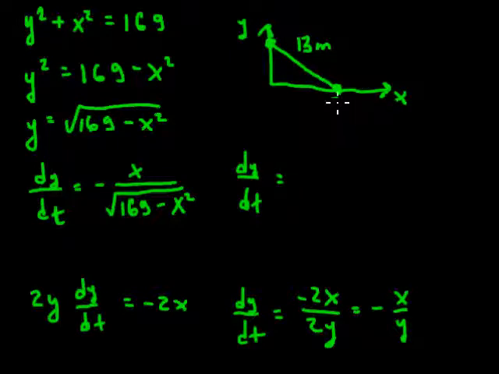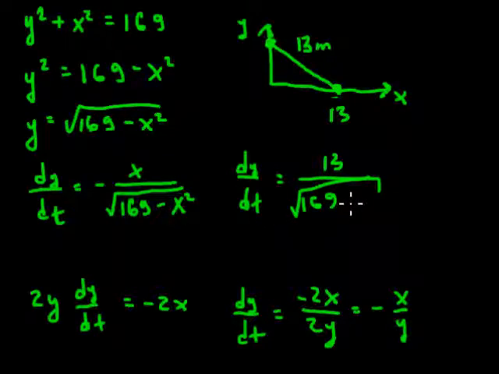And then you can also plug in 13. When this point is at 13, that's pretty much when this ladder hits the ground. You can figure out at what speed this point hits the ground. You just plug in 13 for x, and we get the square root of 169 minus 169. Yeah, so this equation doesn't work for this one, but if you want to know at what speed it hits the ground, you can pick a value like 12.9.